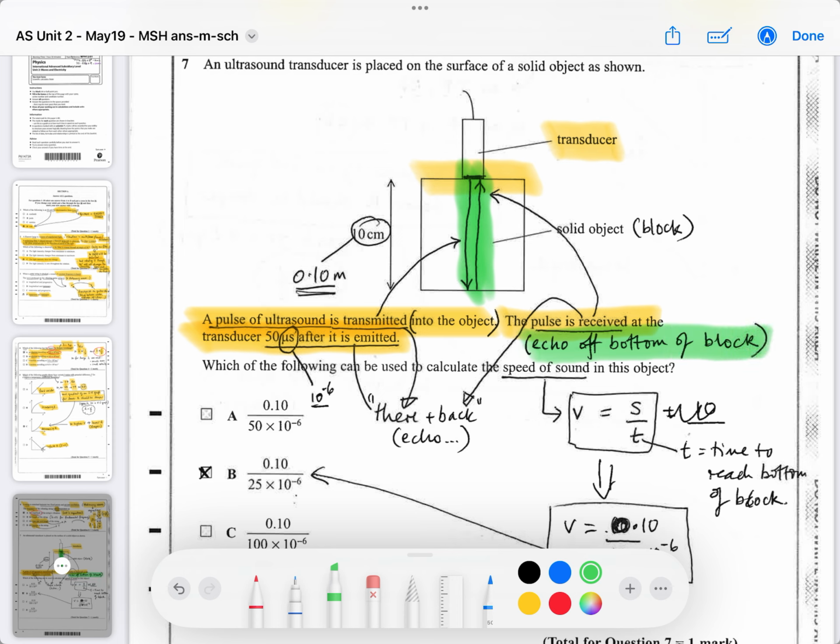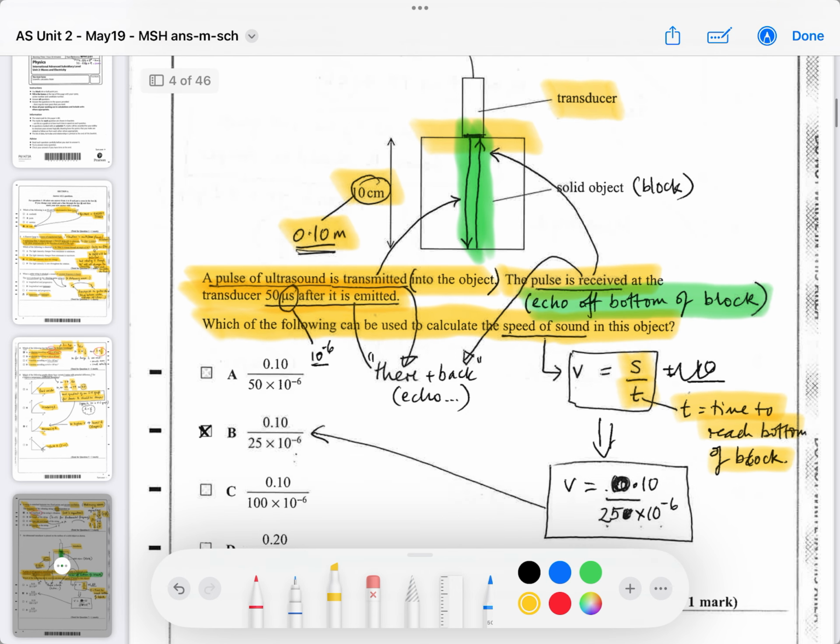And then the question's asking, which of the following can be used to calculate the speed of sound in this object? Well, it's basically distance over time, the speed, and we want the time to reach the bottom of the block because the distance provided is 10 centimeters, okay?